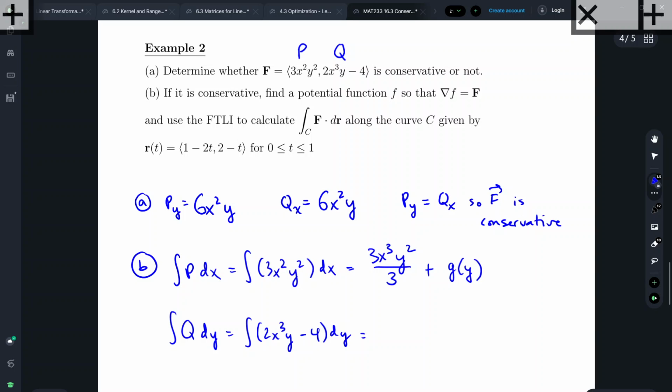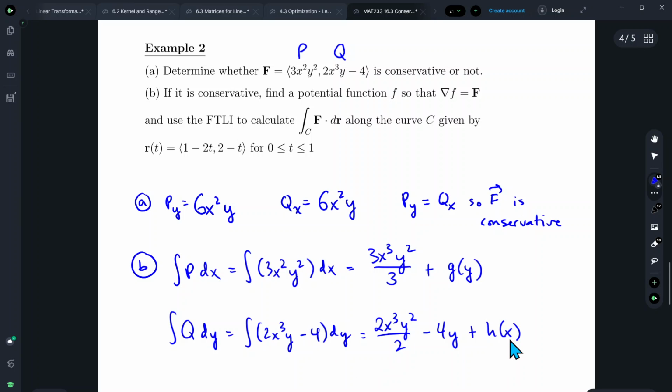I'm integrating with respect to y, so this is y squared over 2, and the antiderivative of the constant is the constant times the variable, which is y. And then I have my constant term, which contains x.